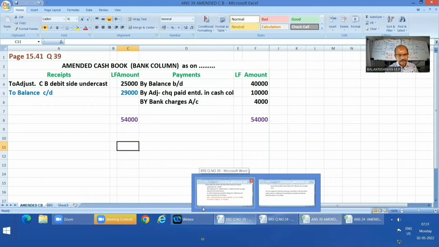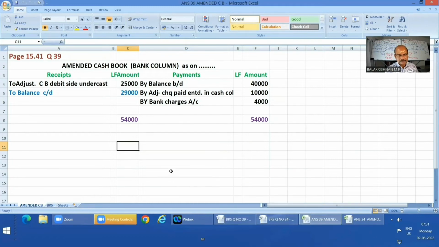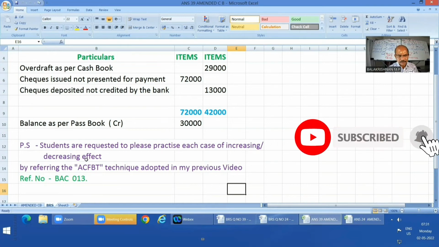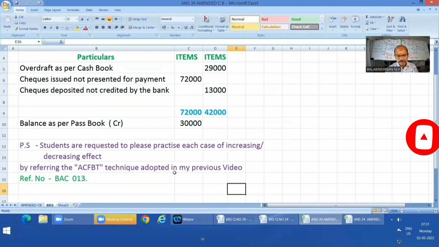This is the amended cash book part of the question. Of course, this also I have exactly worked out and shown on the whiteboard. And the BRS part. These two items. Here also, students are requested to please practice each case of increasing or decreasing effect by referring to the ACFBT technique adopted in my previous video.